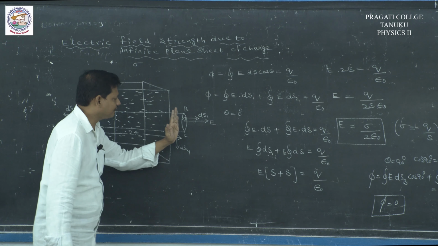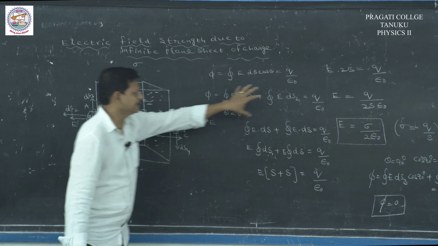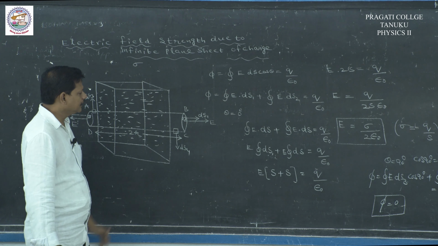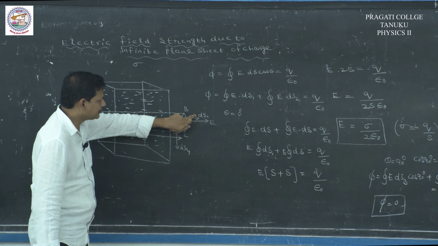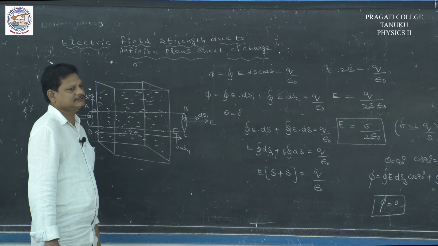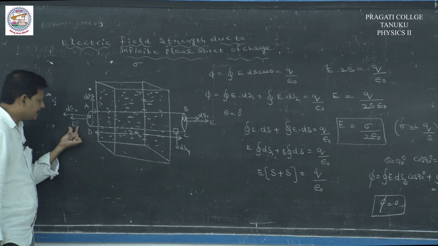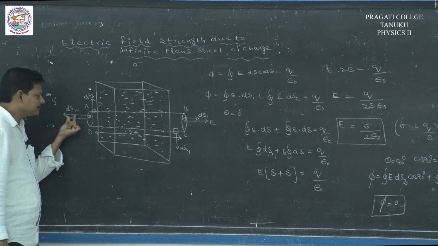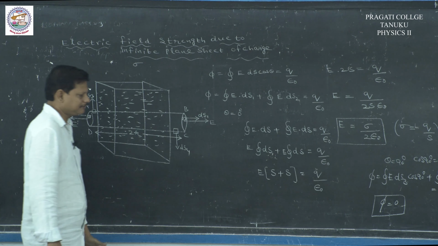So, the flux through the flat surfaces ds1 and ds2 is equal to q by epsilon naught. Here, the electric field intensity E and area element ds1 are in the same direction, since the angle between them is 0. Here also, E and ds2 are in the same direction, again theta equal to 0, so flux is maximum.